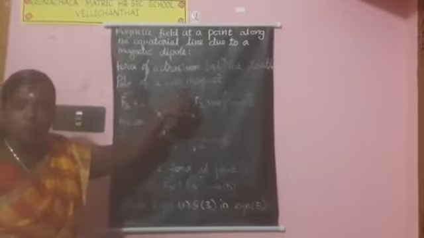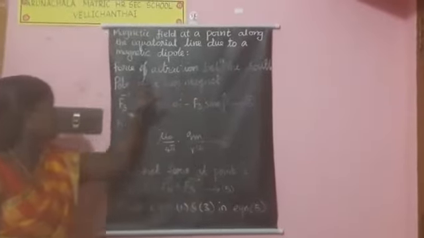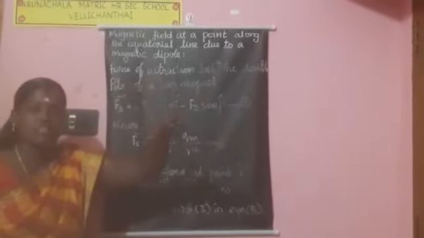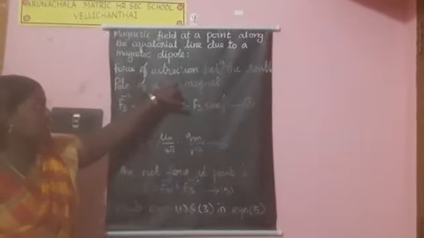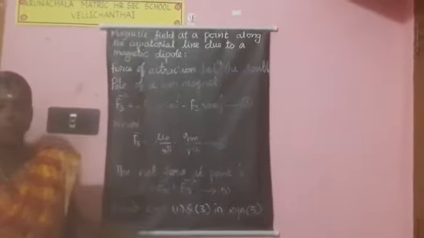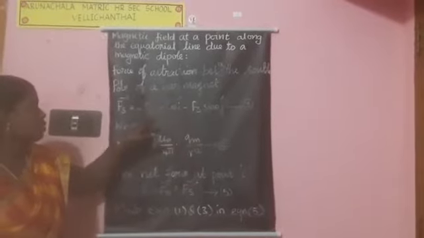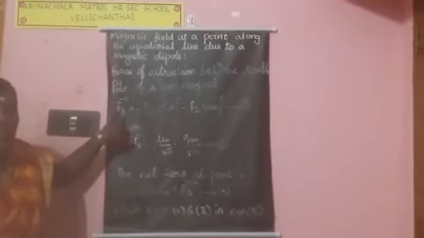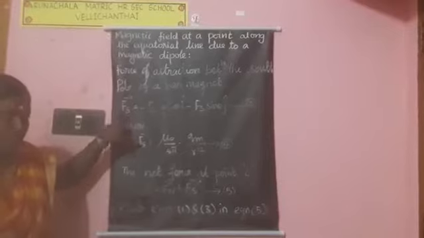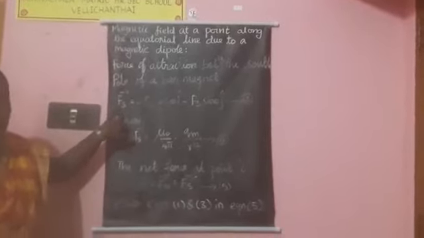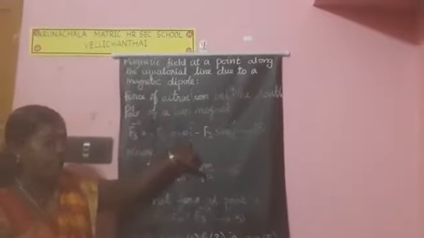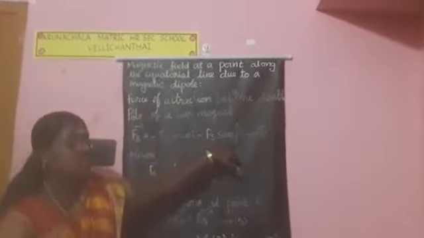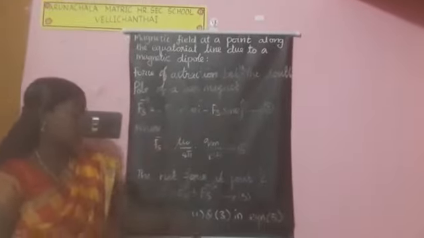Now the south pole of a bar magnet. First we saw the force of repulsion on the north pole of a bar magnet. Here is the force of attraction on the south pole of a bar magnet. This is denoted by Fs vector. S for south, F vector. This is the force of attraction between the two poles. So Fs vector equals minus Fs cos theta I cap minus Fs sin theta j cap.